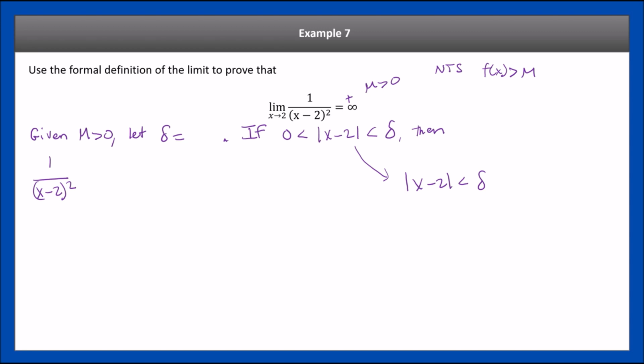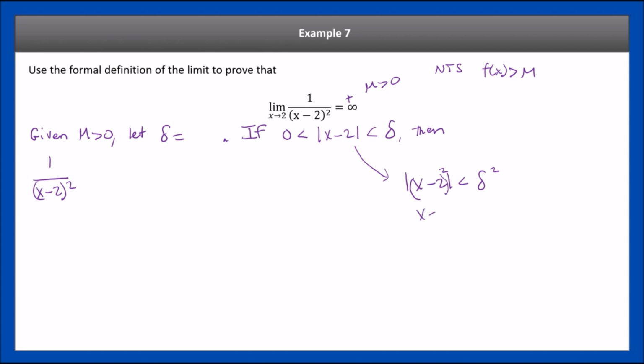Since this is squared over here, if we square this and say (x minus 2) squared, then that has to be less than delta squared. This makes sense because if a number is less than another number, then squaring it is still going to be less than the square of the other number. Since this is always a positive number because it's squared, you don't need the absolute value at that point.